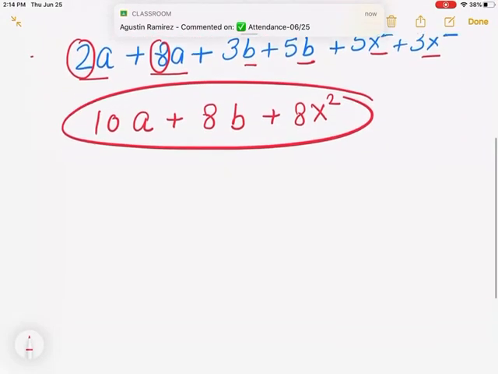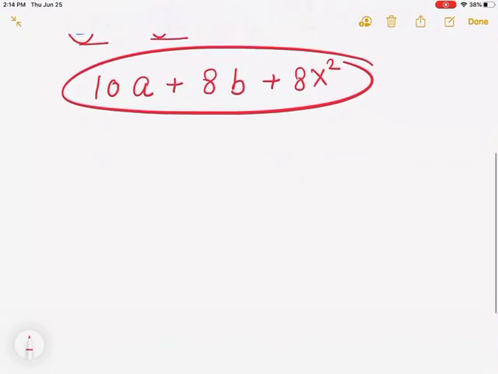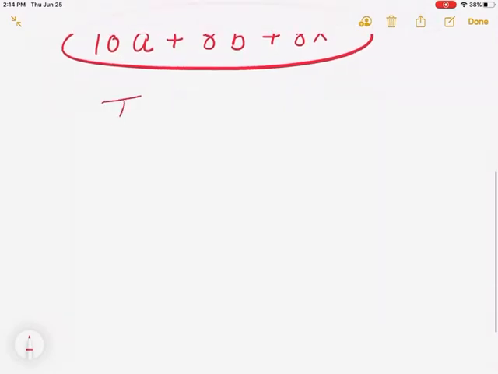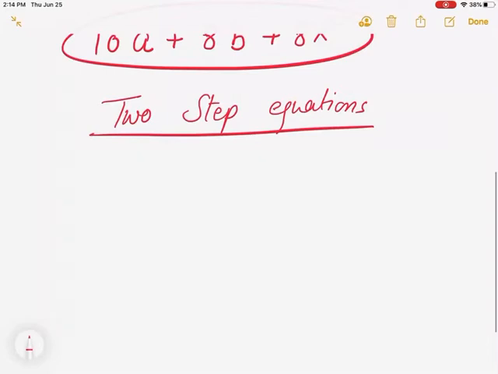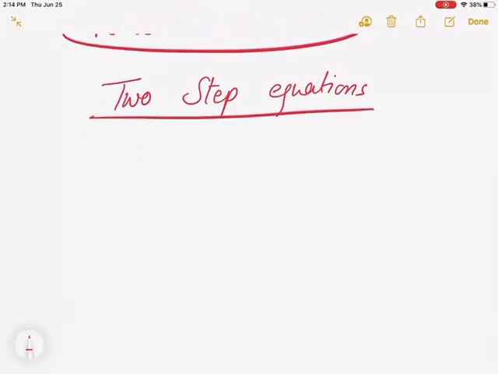Okay, now let's move on to the second part of this lesson, which is on two-step equations. This is more on finding additive and multiplicative inverse first. But since it's two-step, it means you have to do both in the same problem.